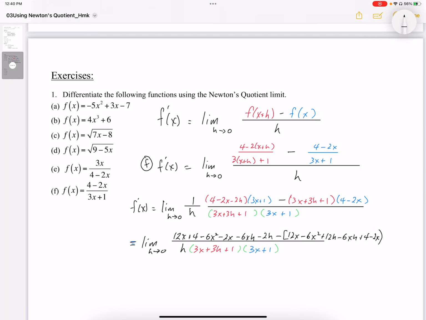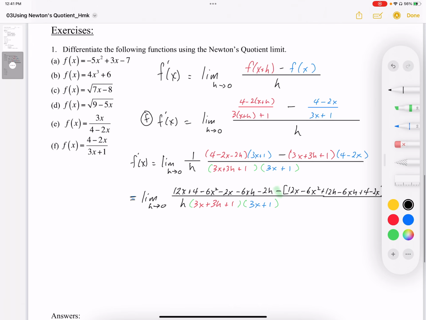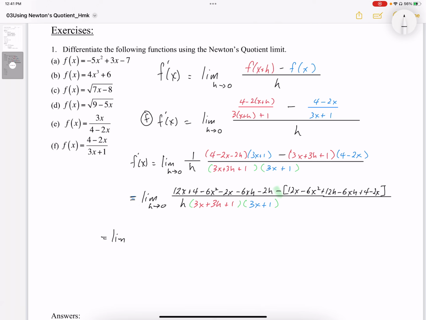Okay, let's move that over a bit. So I'm going to put that all in brackets like that. Okay, and then I just have to make sure that of that minus sign, this negative sign here, I have to be careful of when I expand that bracket out. Okay, so when I expand that bracket out, I'm going to end up with a limit as h approaches 0.